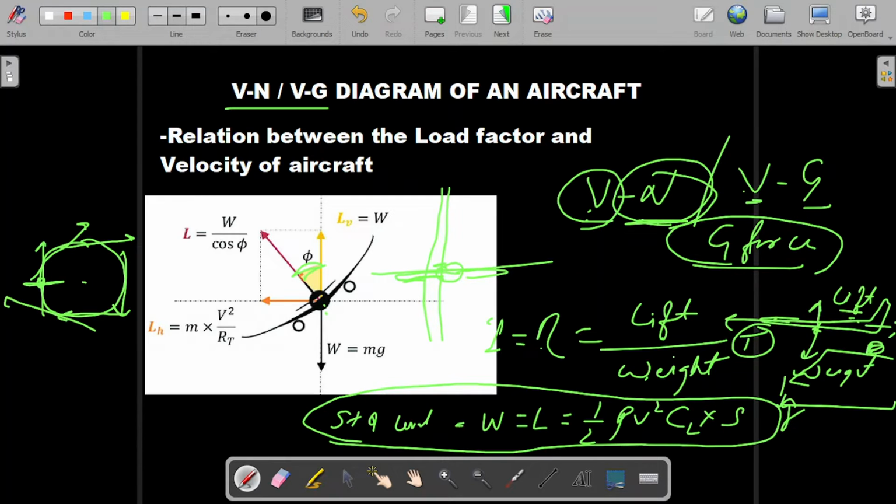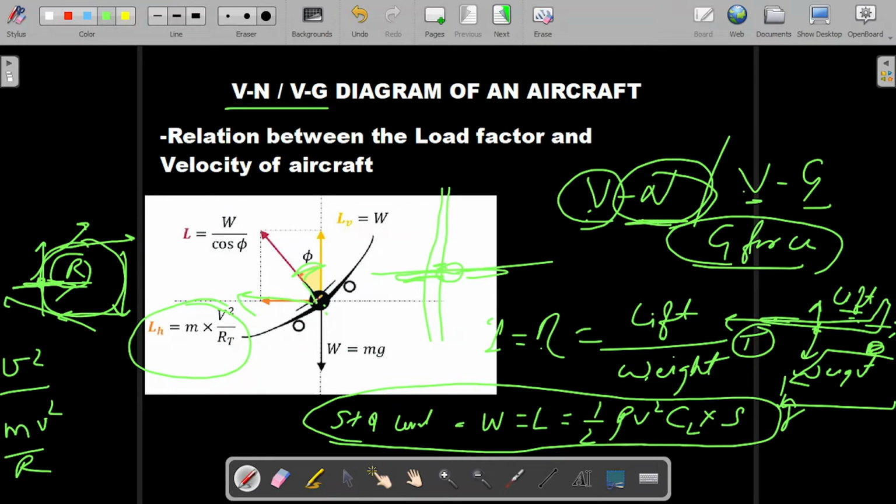There is a radius along which the aircraft is turning, and the aircraft is turning at some velocity. As we are aware, there is a radial acceleration, the centrifugal force pulling it inward, which we know as mv square by r. This is the force written here, which is pulling the aircraft inside.